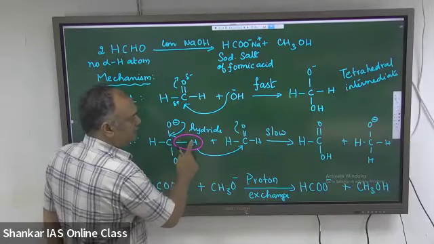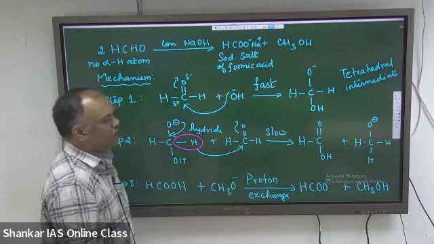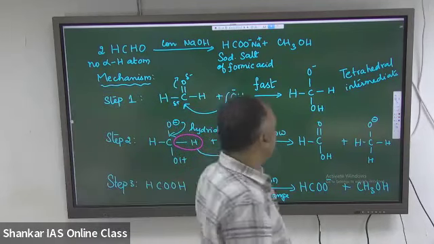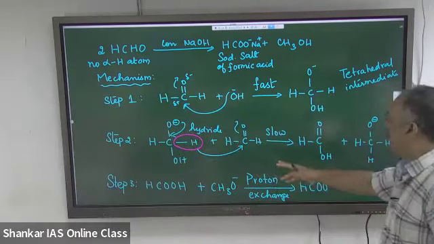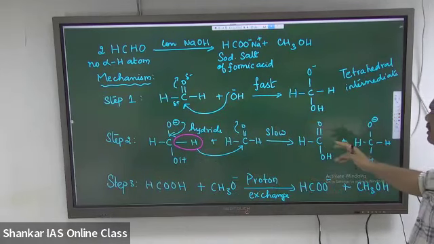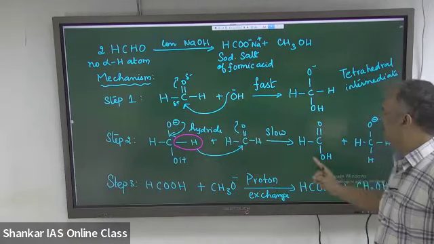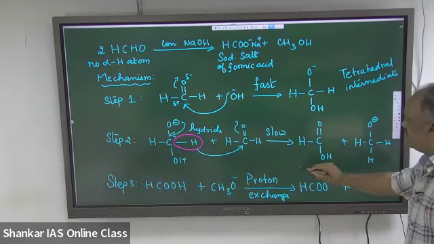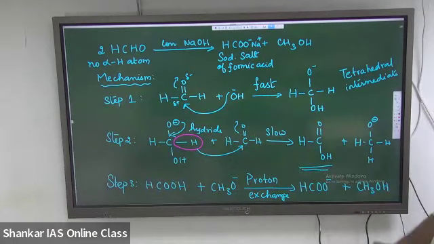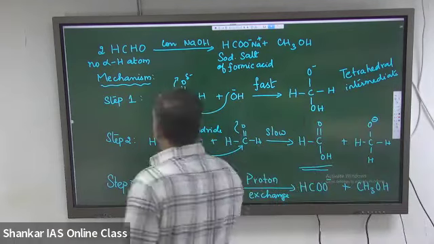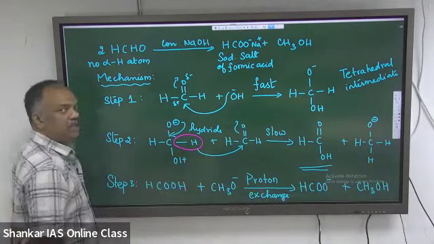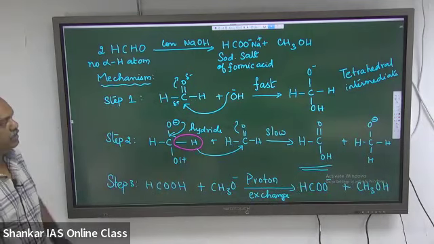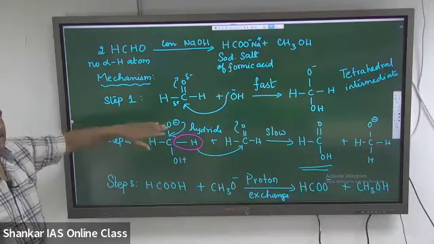Okay, when a hydride comes and attacks a carbonyl compound, what happens? What you expect is a reduction. Same way you see here, this aldehyde becomes an alkoxide. Okay, and in the process, this aldehyde becomes the acid. So if you look at this, step 2 is a slow step, whereas step 1 is a fast step.